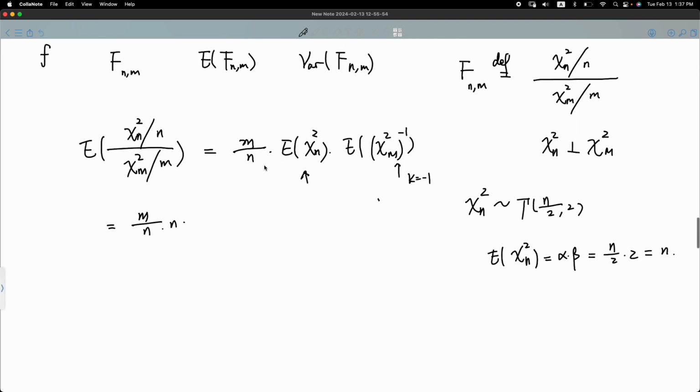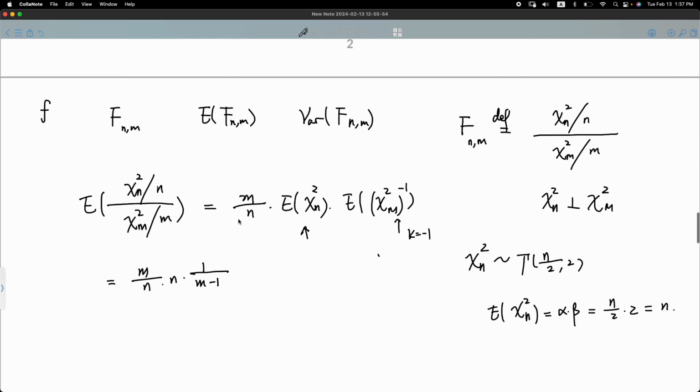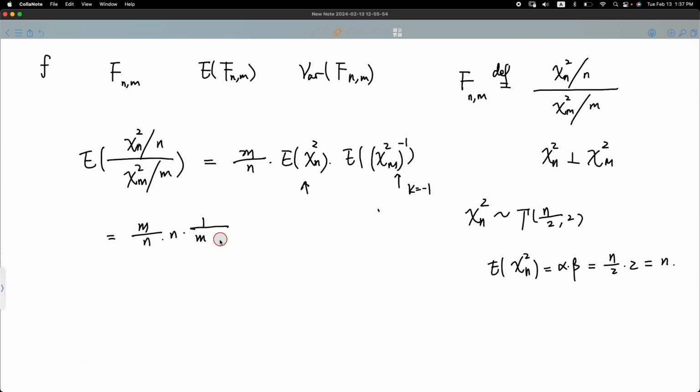So I'm going to write 1 over m minus, is it m minus 1 or m minus 2? Oh, m minus 2, okay. It is the same derivation as the previous question, we just changed the degrees of freedom from n to m. And that should give us m over m minus 2. Okay, so I think that should be it.